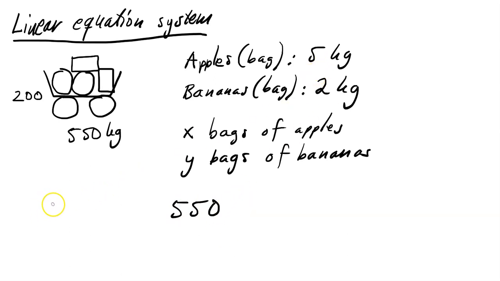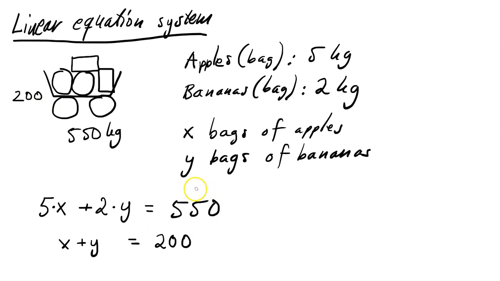He has X bags of apples, and each bag weighs 5 kilograms. So the total weight of the apples is 5 times X. And he has Y bags of bananas, and each bag of bananas weighs 2 kilograms. So the total weight of the bananas is 2 times Y. If you add the total weight of bananas and apples, they should equal 550. On the other hand, we know that X plus Y, the total number of bags, should equal 200.